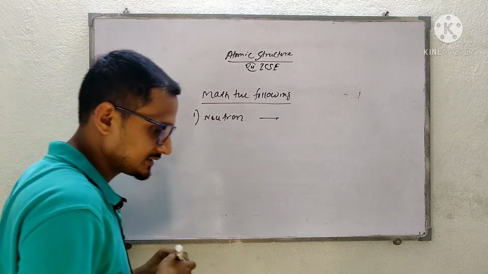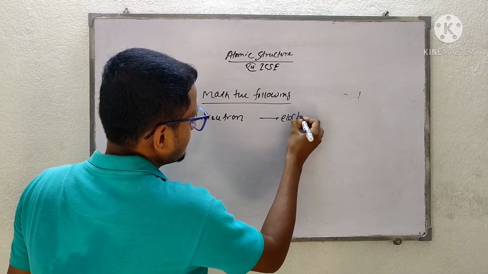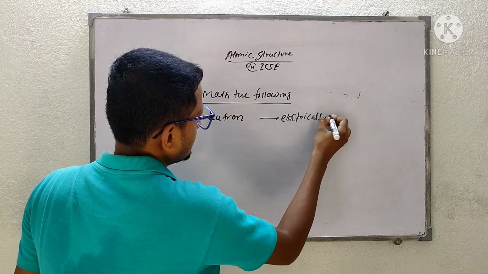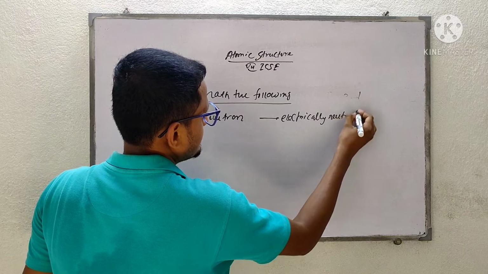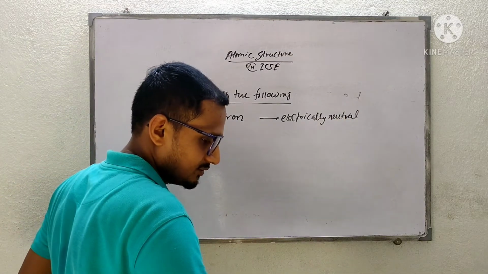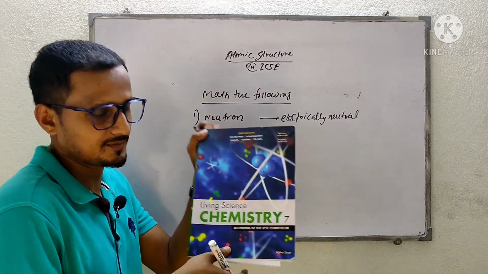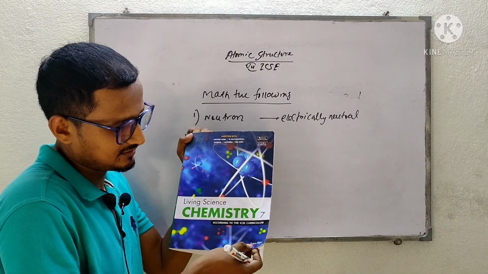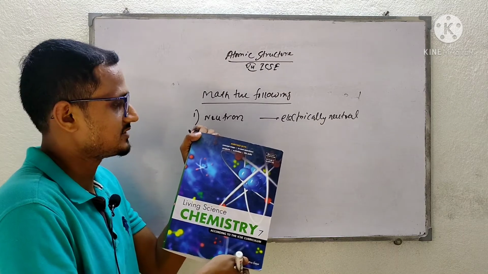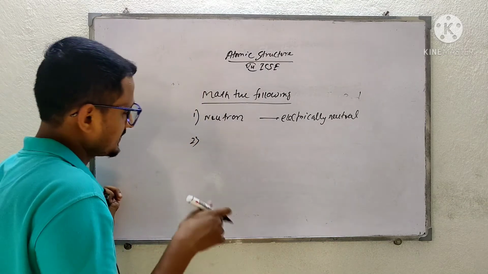Neutron will match as electrically neutral, because it is electrically neutral, it is given as an option. The book is the chemistry book according to the ICSE curriculum, by Ratna Sagar, and I am solving the questions of this book, ICSE 7.